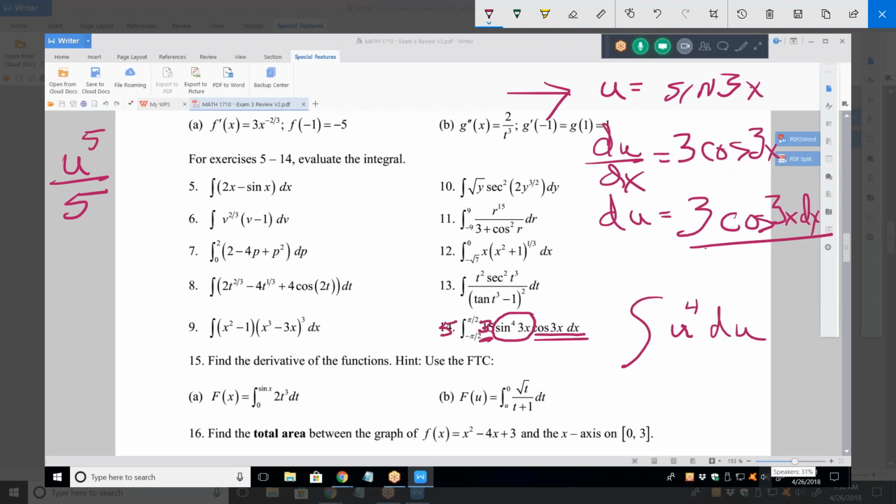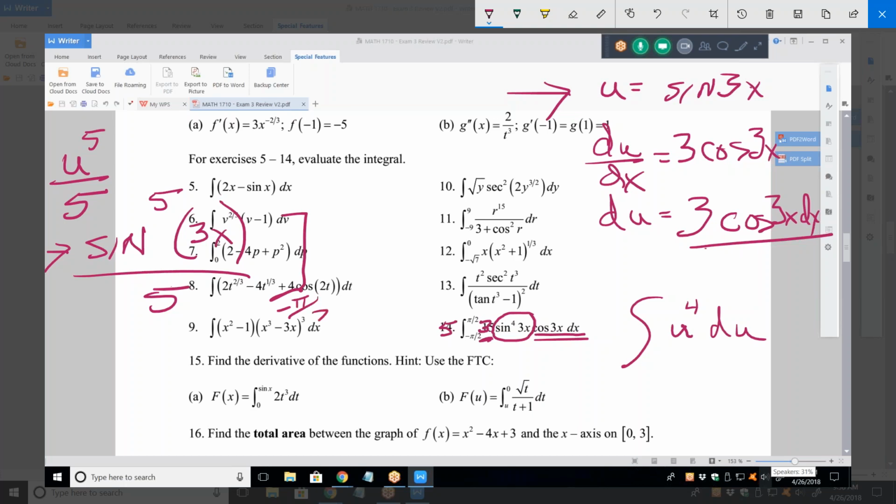I can use those limits of integration only after I get it back into x. That's sine to the fifth. Now my function is completely a function of x, so I can evaluate it at my old limits of integration, minus pi over 2 to pi over 2.